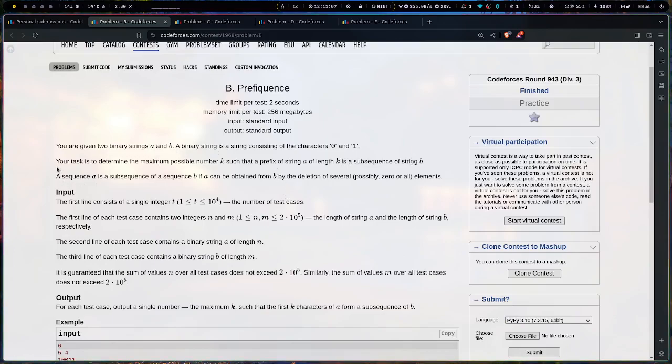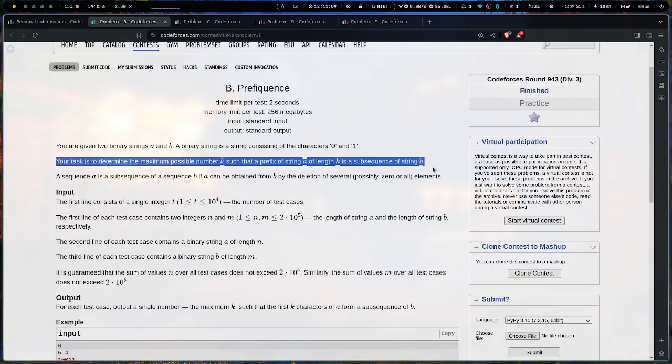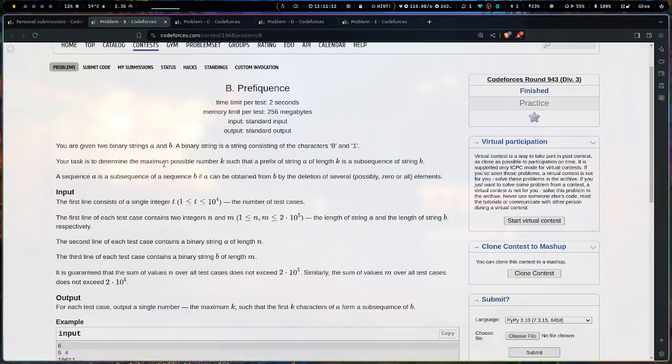Many of you might get confused about what the statement is trying to say, so I will explain it. We need to find a number k such that the prefix of length k of a is also a subsequence in b.